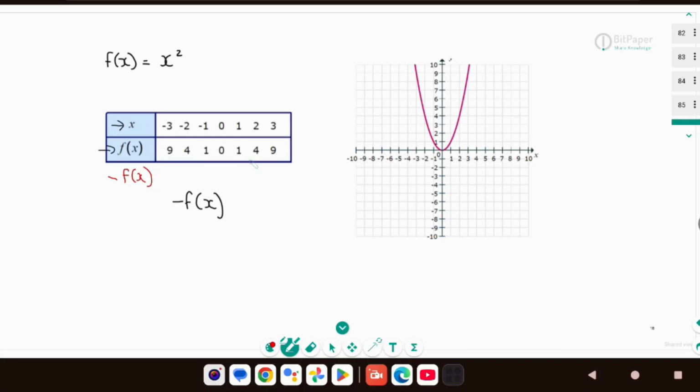All these answers in this bottom row are multiplying by -1. -9, -4, -1, 0, -1, -4, -9. Let's plot our graph.